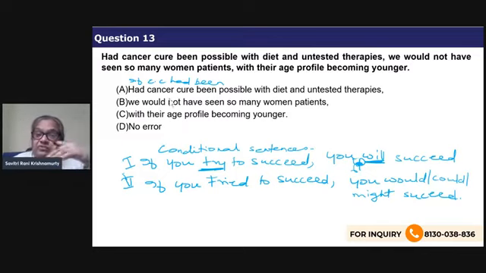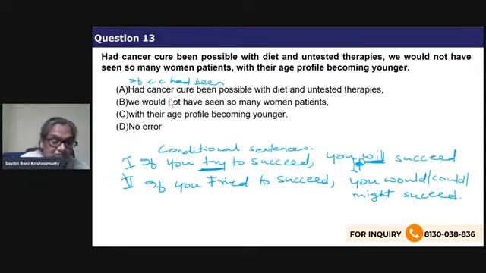The first one, when the chances of your succeeding is quite high, you're confident of it, then you use simple present in the if clause and simple future in the then clause. The second one, you are using past tense with a would, could, might because you're not very sure of the result.